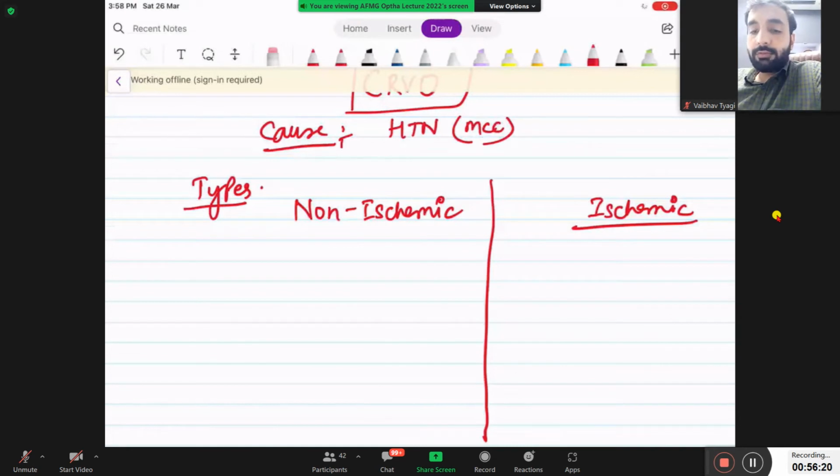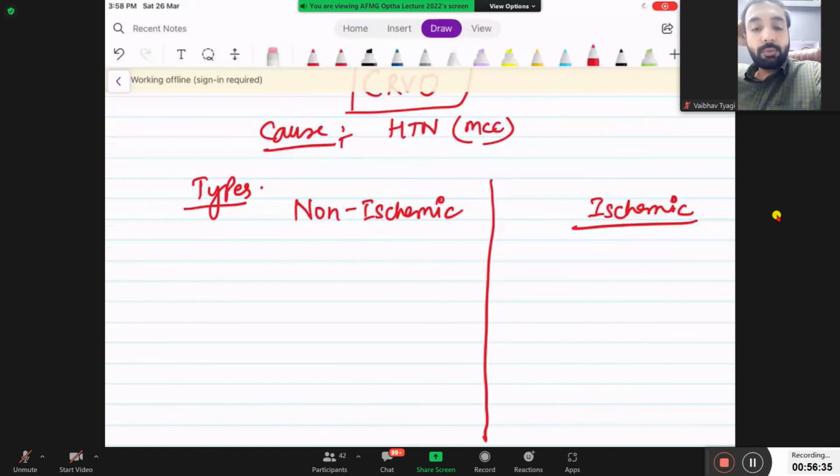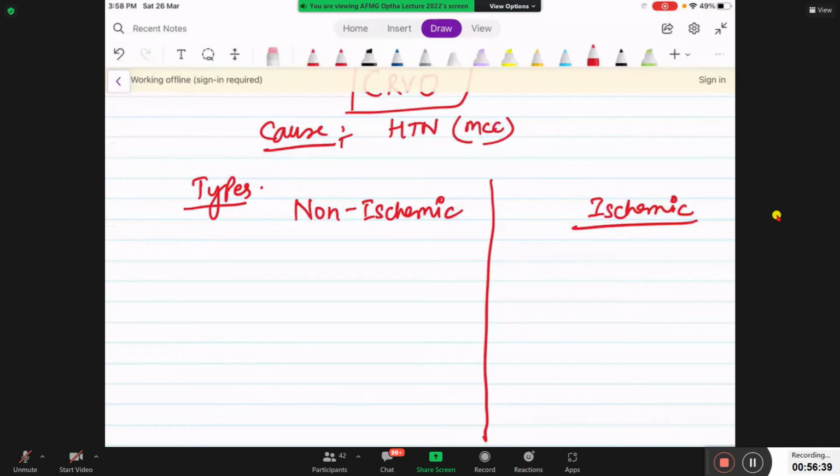Which is more advanced form? The one in which ischemia has set in, or the one in which there is no ischemia yet? Ischemic one. Correct. So ischemic CRVO is more advanced and has poor prognosis as compared to non-ischemic CRVO.